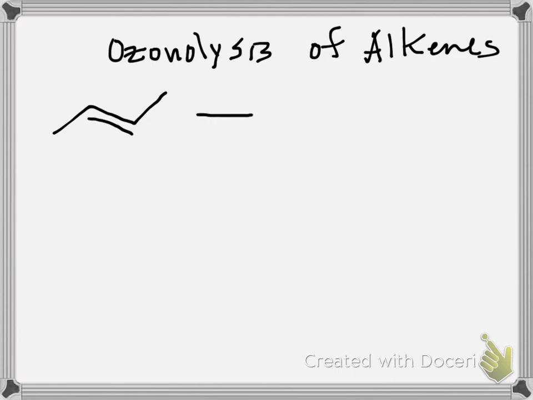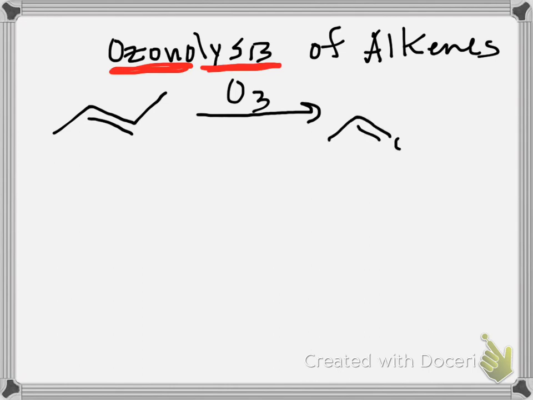And from the word ozonolysis, you will hopefully see that ozone is one of the reagents, and the product is where the carbon-carbon double bond has been broken, or lysis, remember hydrolysis, and the two products are aldehydes or ketones.